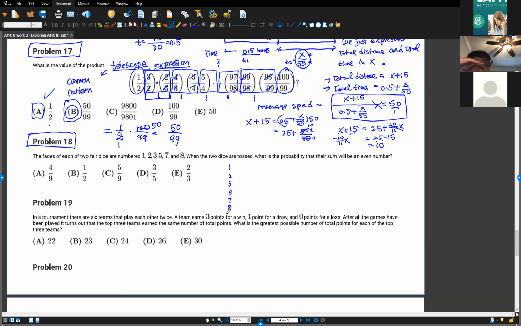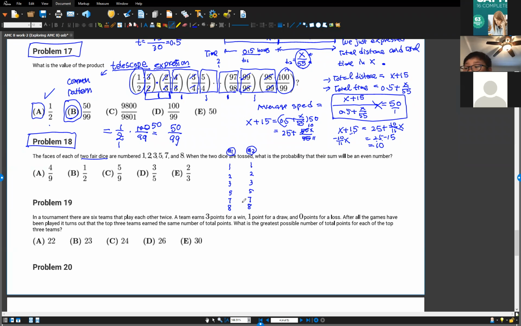So there are odd and even numbers, totally different. Two dice, the same numbers. This is the first one, and this is the second dice: 1, 2, 3, 5, 7, and 8.